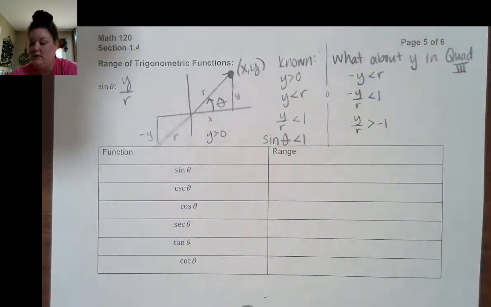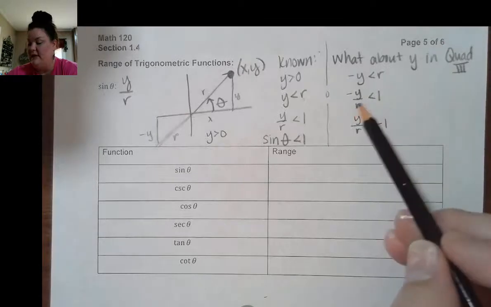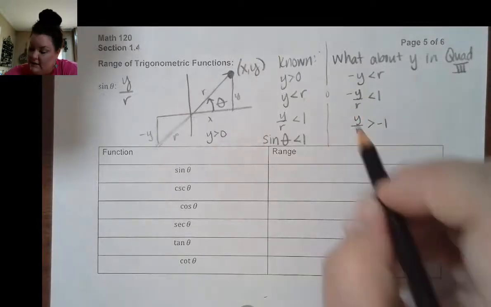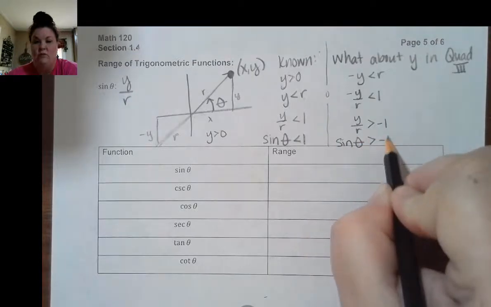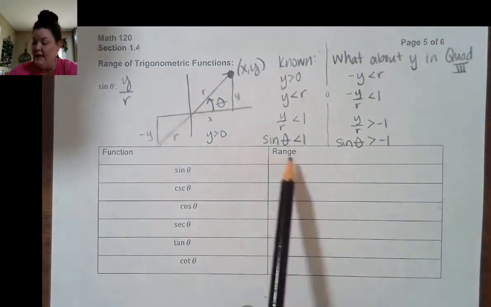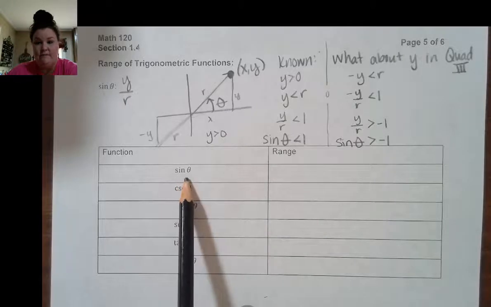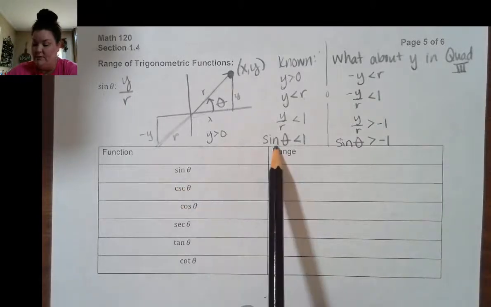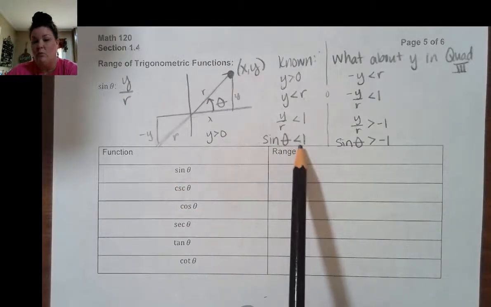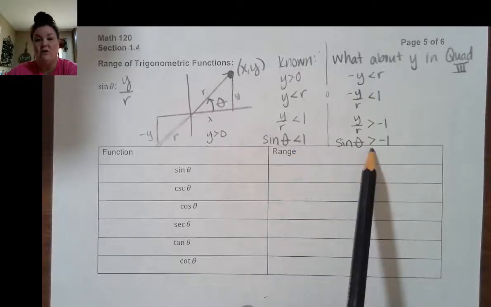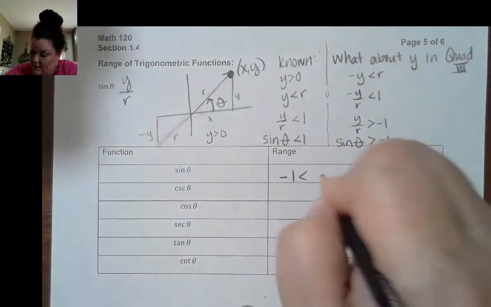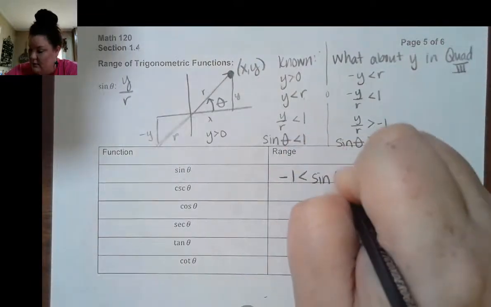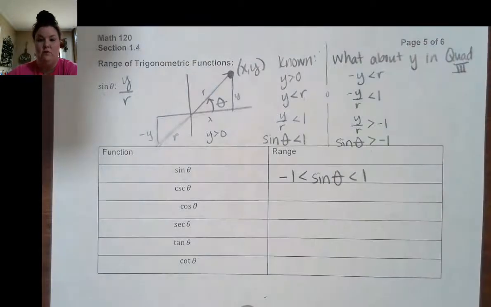So sine theta is greater than negative 1. When we think about the range of our sine function, it could be anything smaller than 1 but greater than negative 1. We can write that like this: greater than negative 1, but smaller than positive 1.